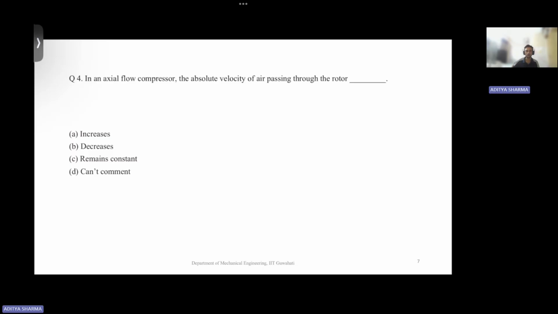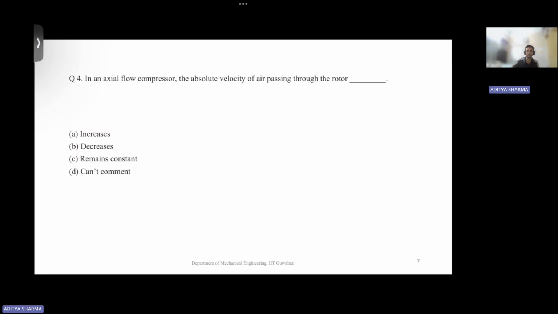We have four options. First is it increases, second is it decreases, third is it remains constant, fourth is we cannot comment on that, the data is not sufficient.